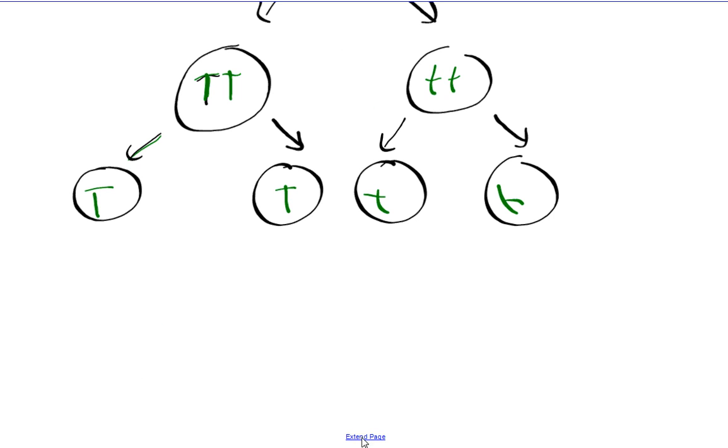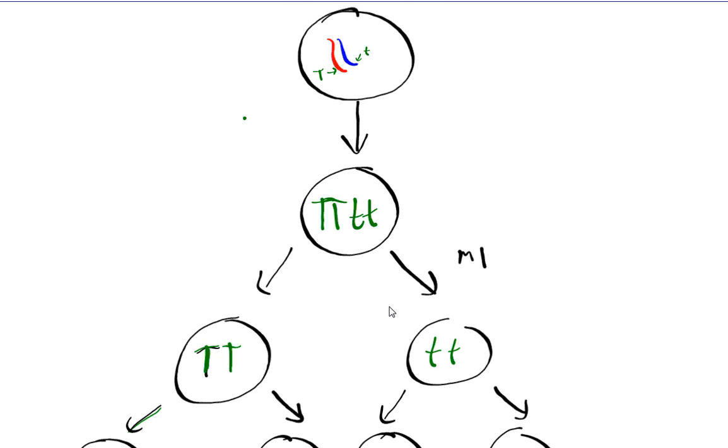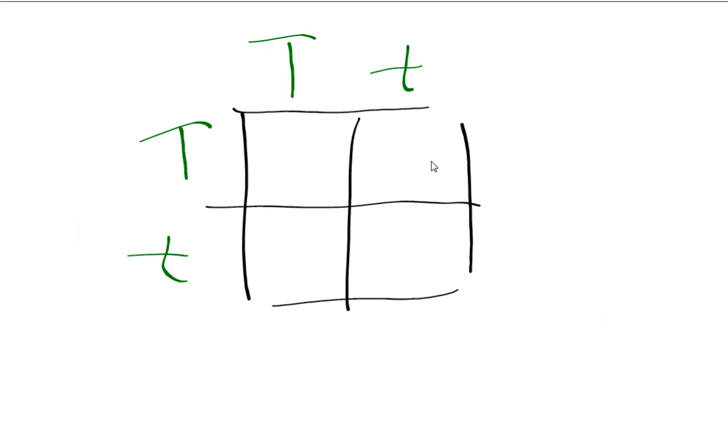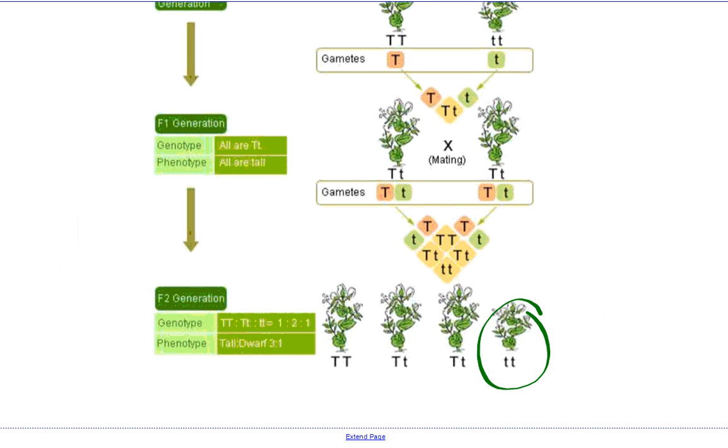Well, what if both organisms look like this? What's the chance that the little t's are going to get together? Well, there's a 50% chance of it happening here, right? What if we did this again? There's another 50% chance. And so what's the chance they're going to have an organism that's two little t's? A quarter of the time. Didn't we see that? We did see that. 1 out of 4.